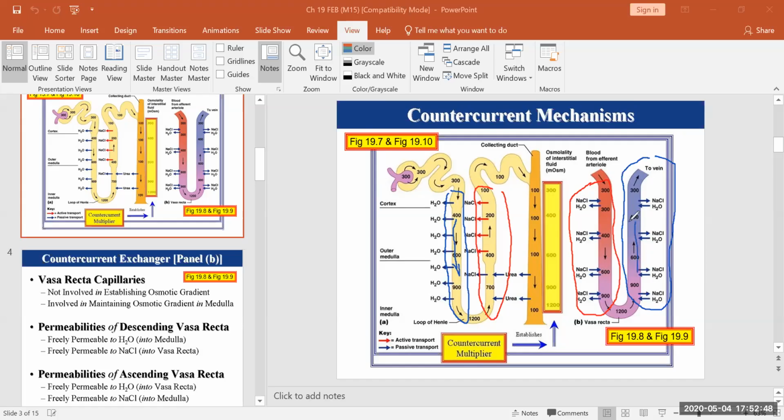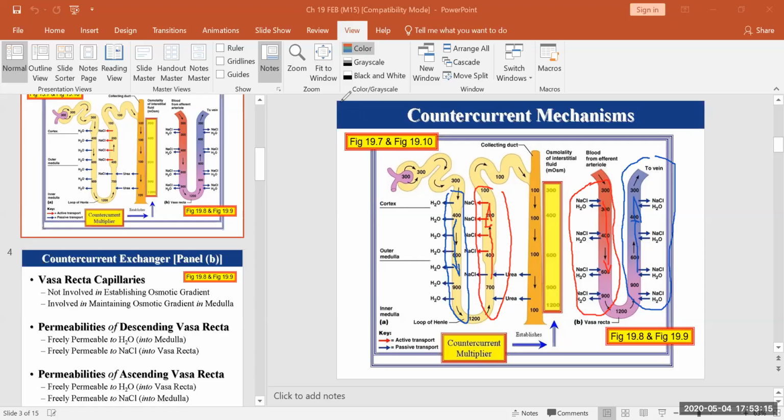The ascending limb of the vasa recta is going up. Opposite direction, countercurrent. For this part, the ascending limb, renal filtrate goes up. For the vasa recta, it goes down. So opposite direction for red, opposite direction for blue.